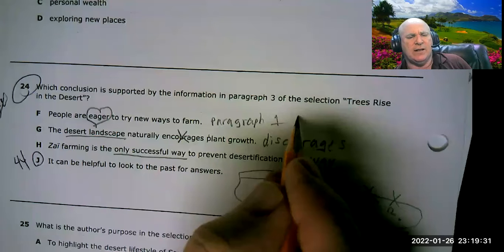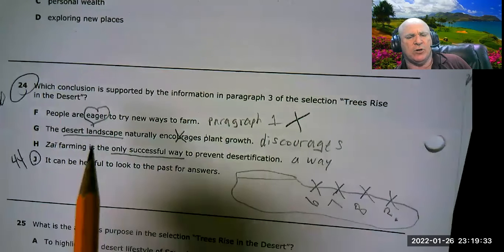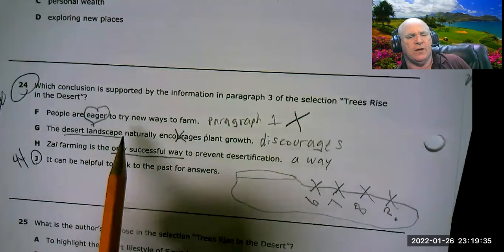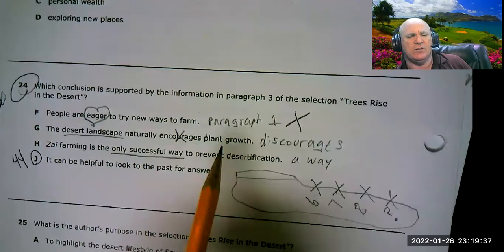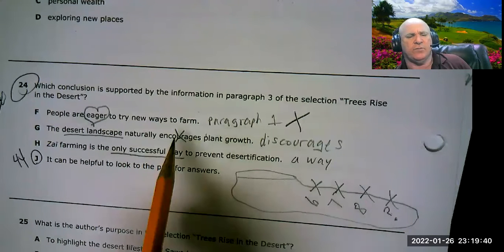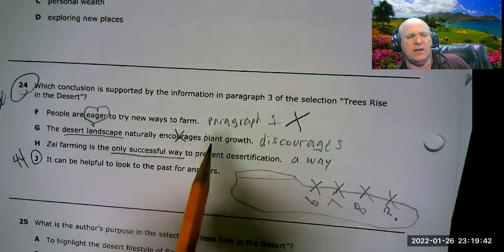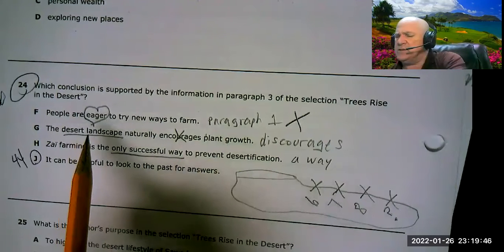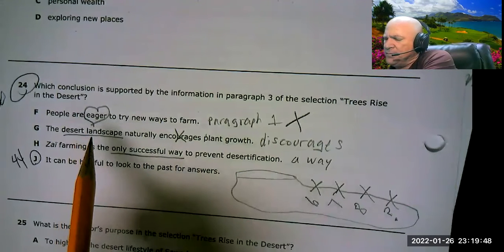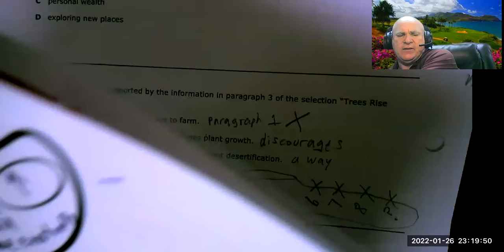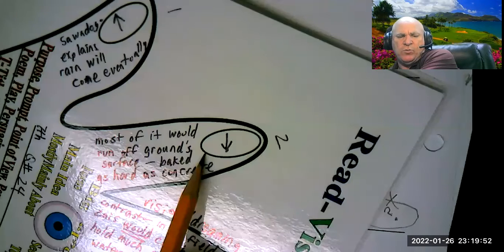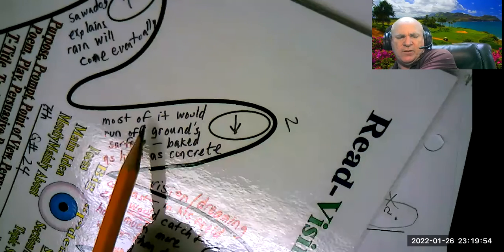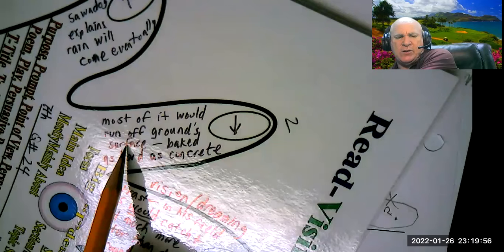The desert landscape naturally encourages plant growth. The opposite of encourage is discourage. Because of what they said in the sentence right here, to this negative attribute, most of it would run off the ground surface because it was baked as hard as concrete.